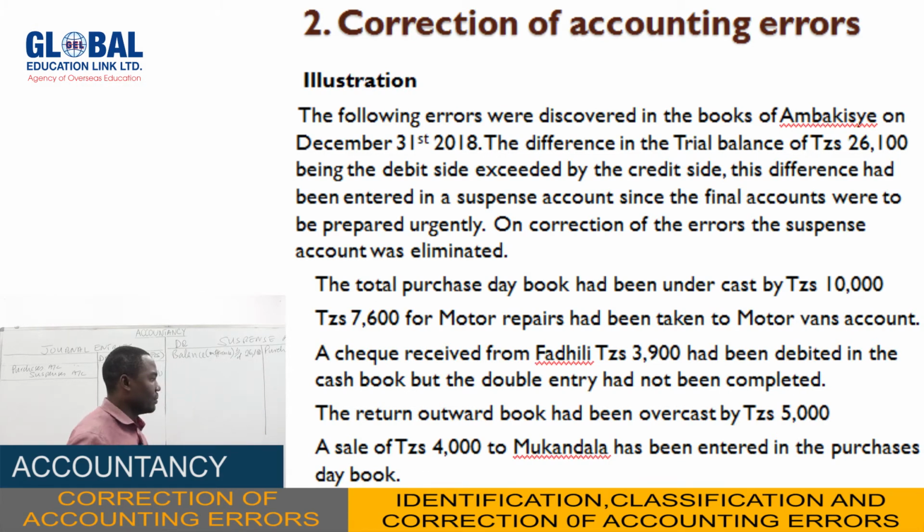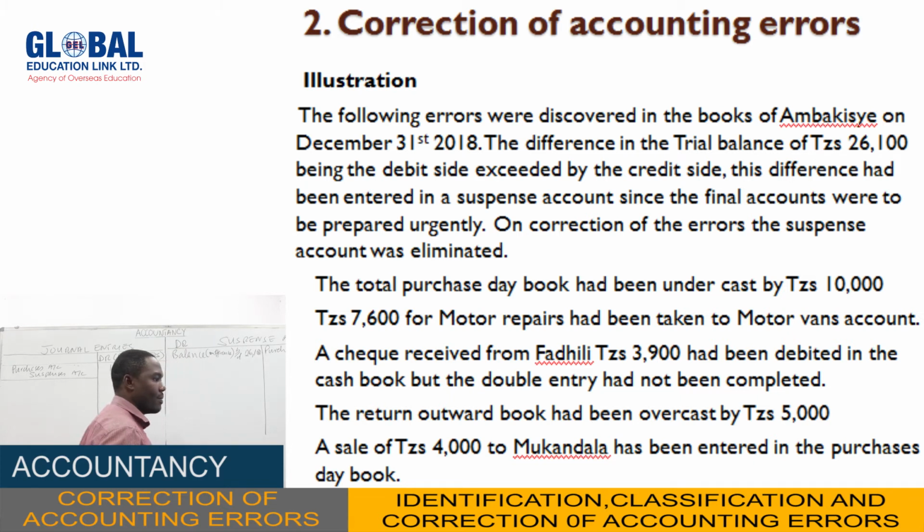So the next item: TZS 7,600 for motor repairs had been taken to the motor van account. This is an error of principle. So it was an expenditure recorded as an asset account. So how to correct this? We clear the error in the motor van and recognize the motor repairs account.